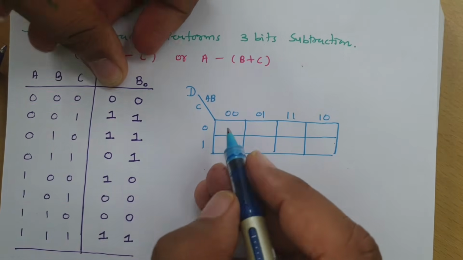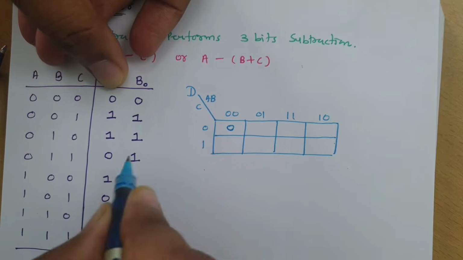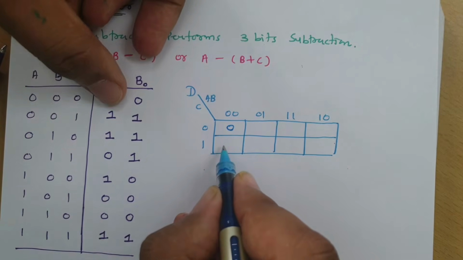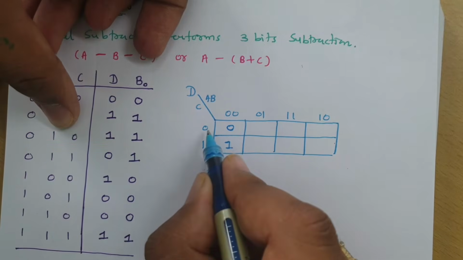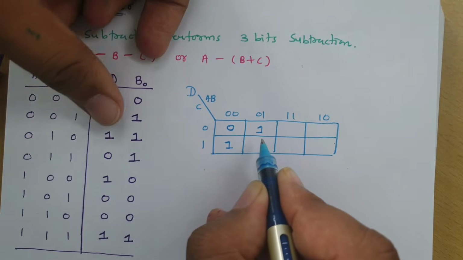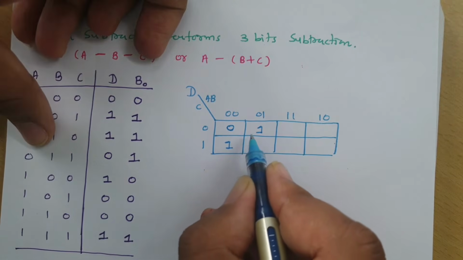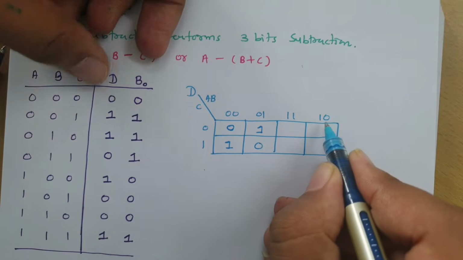For 000, the difference is 0. Then 001, it is 1. Then 010, that is 1 again. Then 011, that is 0.